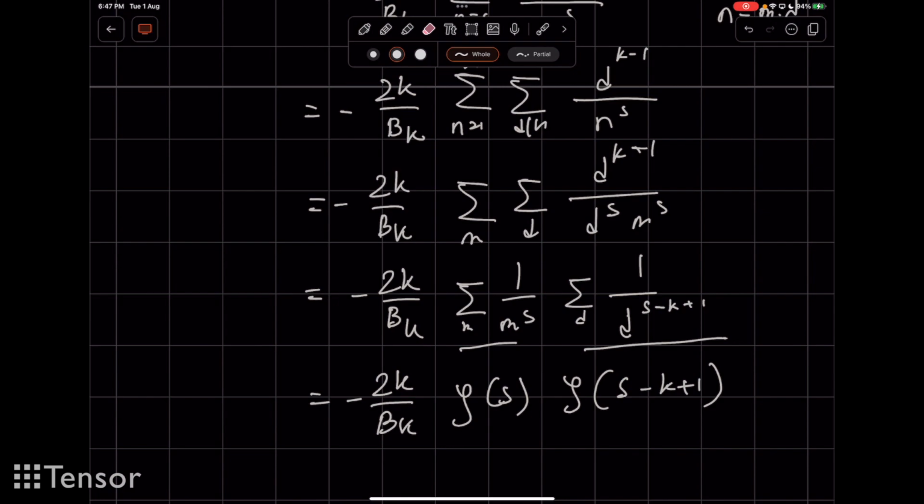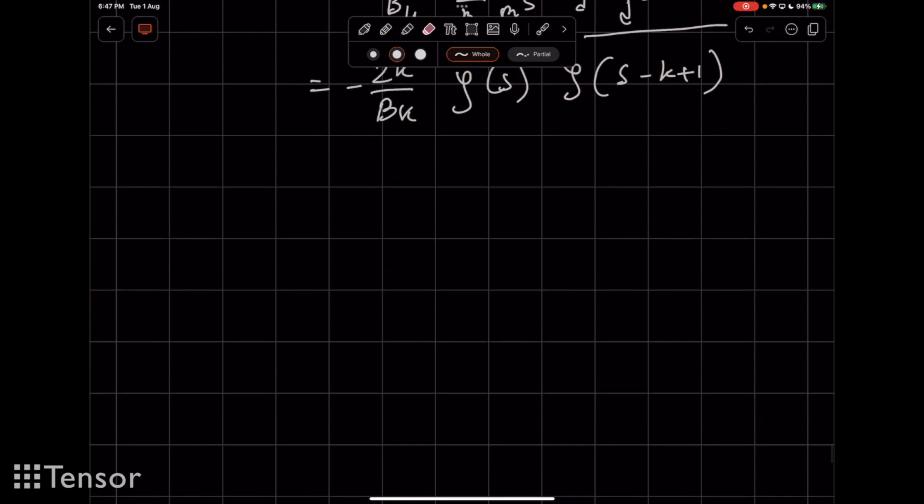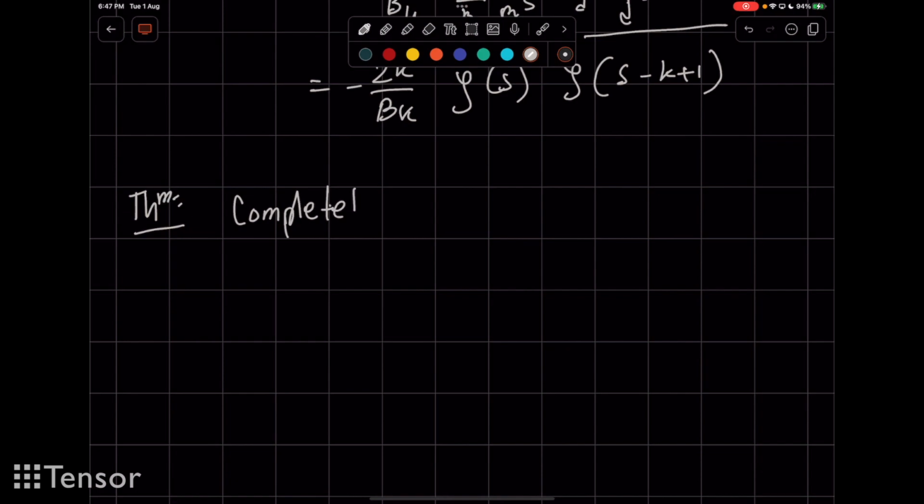We have a very interesting theorem, but I'm just going to state the theorem and keep the suspense, to prove it in the next lecture. For that theorem we are going to define the completed L function of a modular form of weight k.